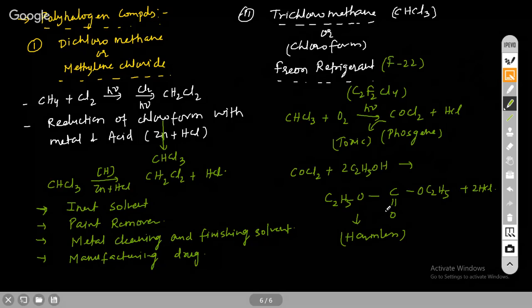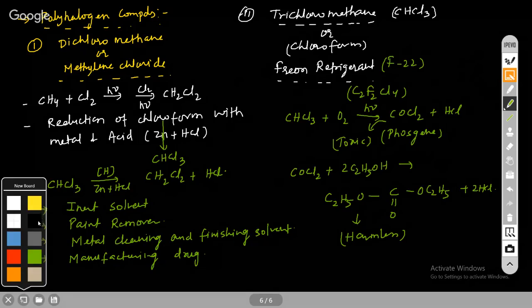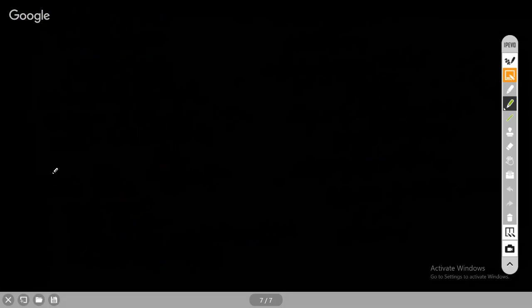It can also be prepared by the hydrolysis of chloral by Ca(OH)2. It can also be prepared by the hydrolysis of chloral by Ca(OH)2.